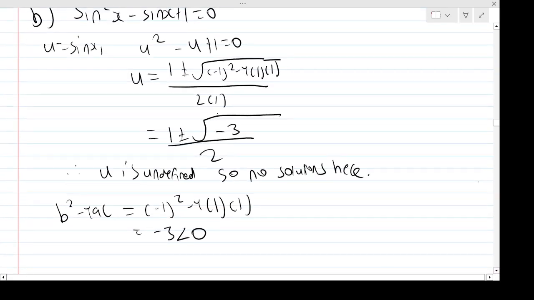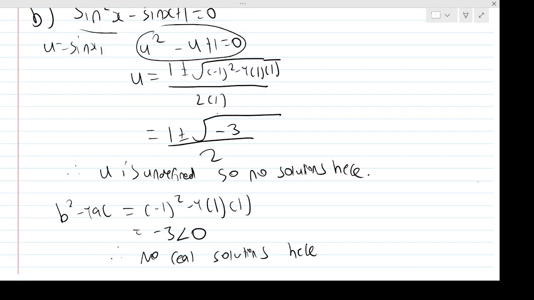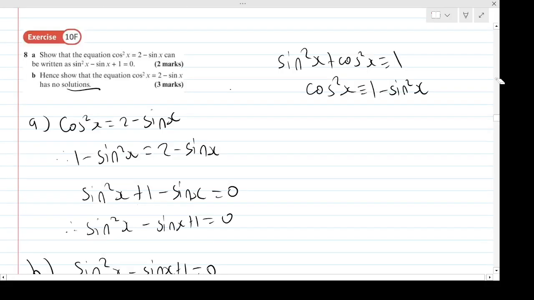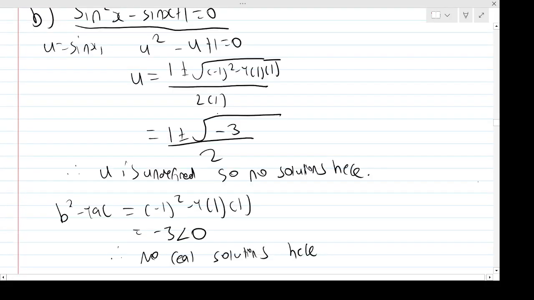Okay, so therefore there are no real solutions here. So we can't solve this quadratic, so we can't solve this trig equation we got up here, right? And so there we are. Therefore, there are no solutions because the discriminant of the quadratic is negative, okay?